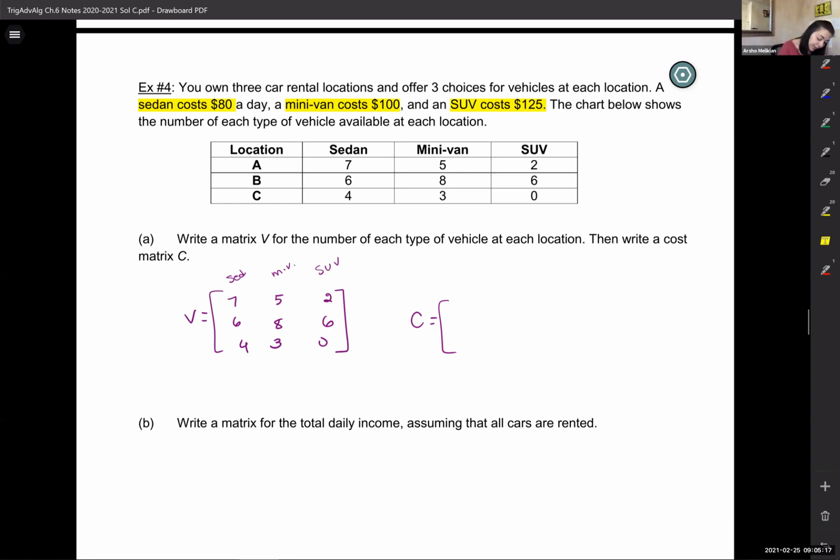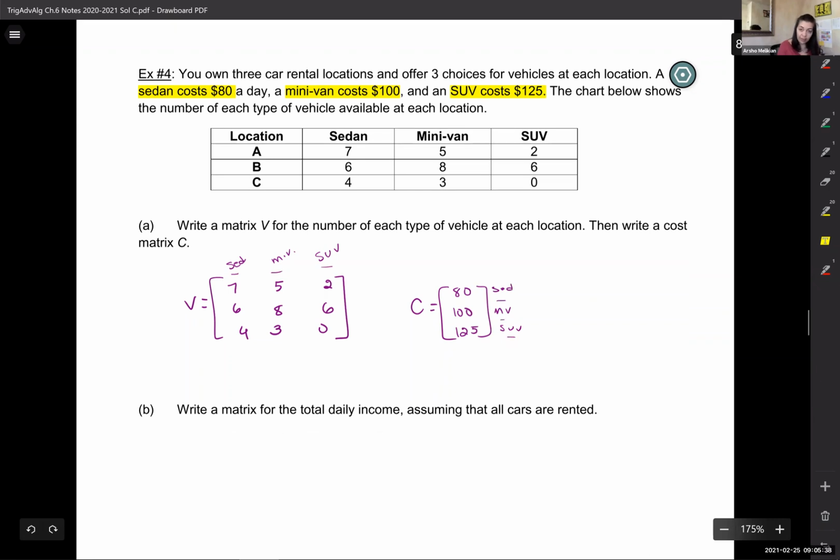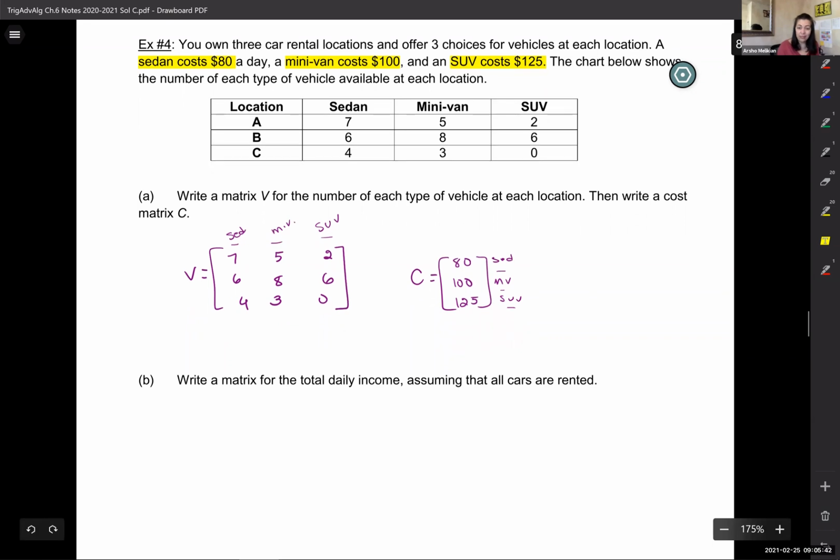So a sedan is $80, a minivan $100, and an SUV $125. Sedan, minivan, SUV. So you see how the arrangement of the columns here is the same as the arrangement of the rows here? That's not by coincidence, that's by design. Okay.